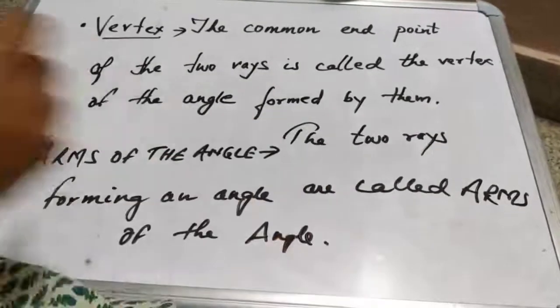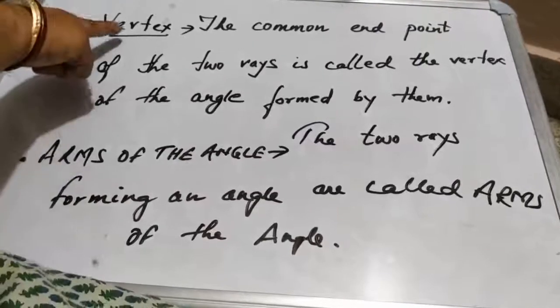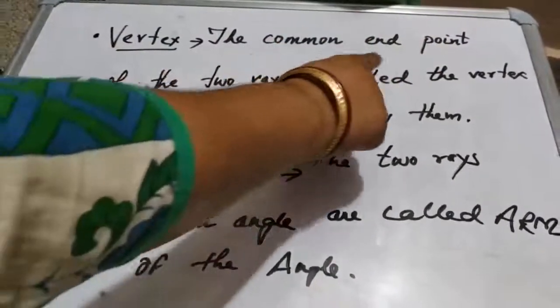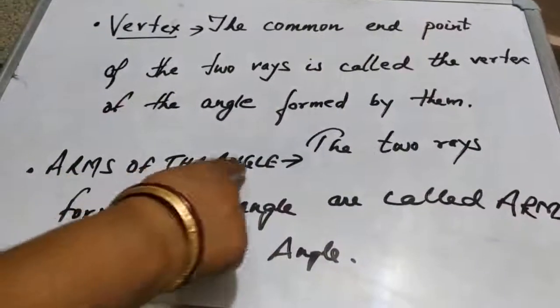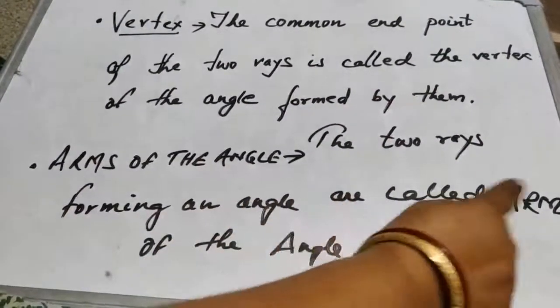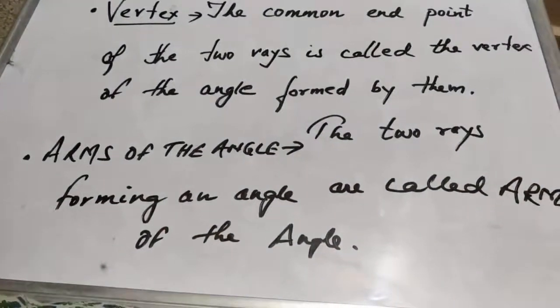Okay, children. Now let us come to the next topic. Again I am repeating, vertex: the common end point of the two rays is called the vertex of the angle formed by them. The arms of the angle: the two rays forming an angle are called arms of the angle. I think it is clear to you now.